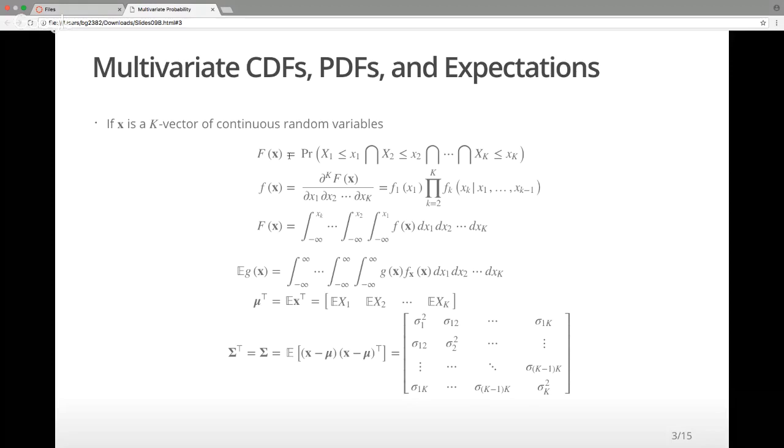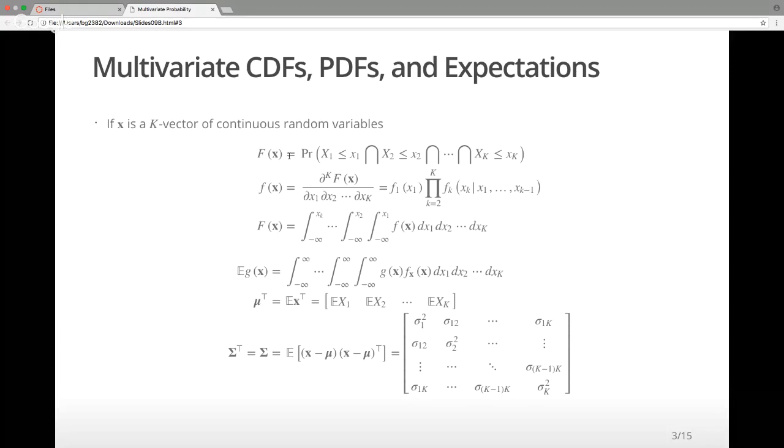But the expectation of some function g of a continuous random vector x is the integral over the whole sample space of the function multiplied by the PDF, integrated over the first variable, the second variable, etc. And so that is just a generalization of the bivariate functions that we've taken the expectation of before.